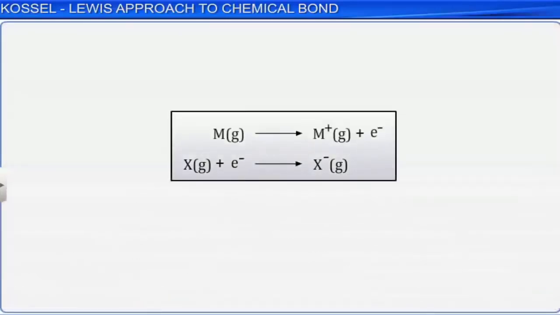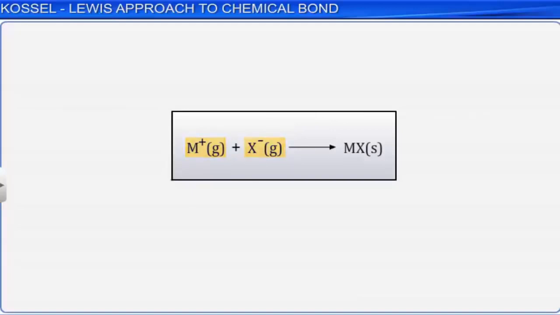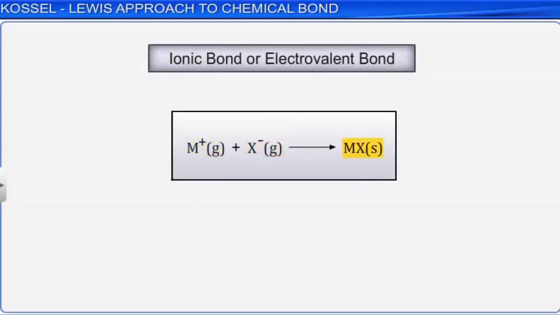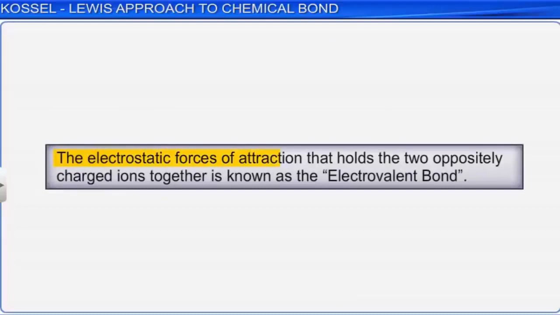The positive ion and the negative ion thus formed attain octet configuration. The two oppositely charged ions approach each other and form an ionic bond or electrovalent bond. The electrostatic force of attraction that holds the two oppositely charged ions together is known as the electrovalent bond.